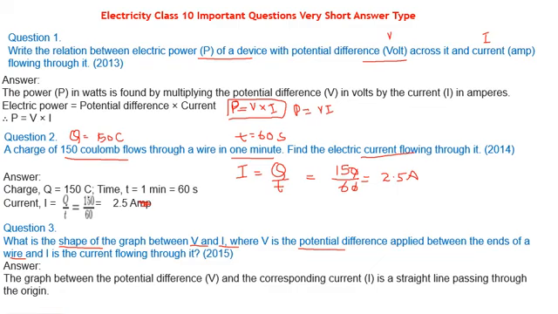V and I are directly proportional to each other. Potential difference and the current are directly proportional, so definitely the line will be a straight line. The shape of the graph will be a straight line passing through the origin.